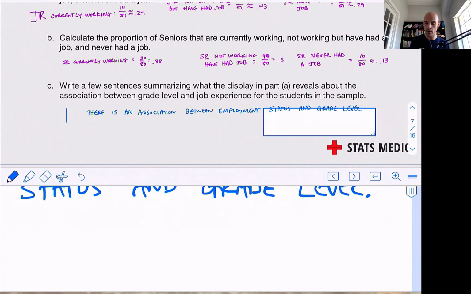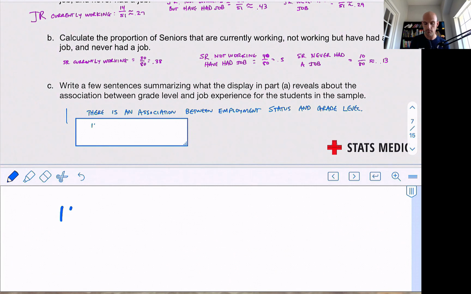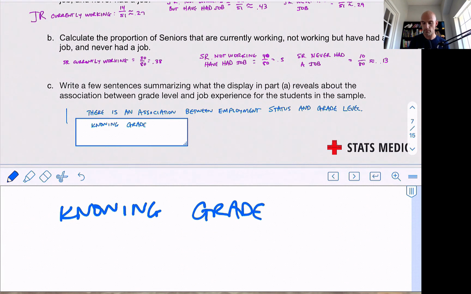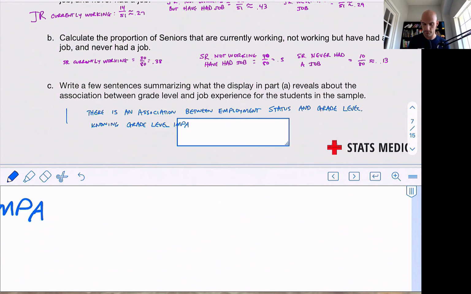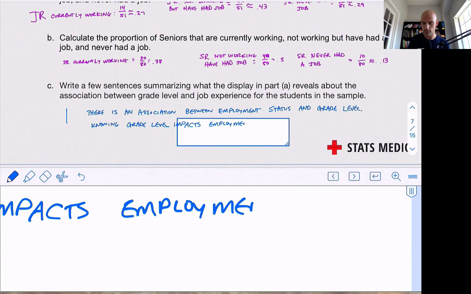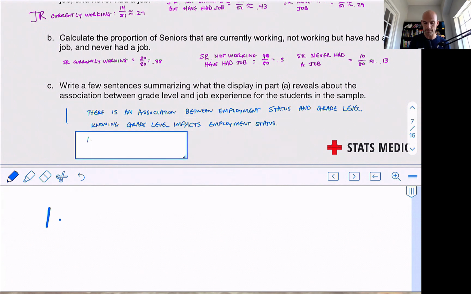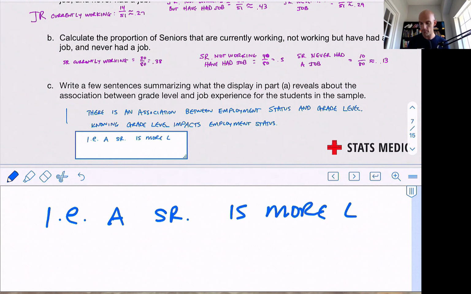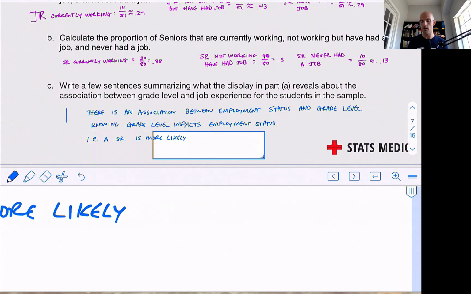Okay? So knowing grade level, for example, a senior is more likely to what?